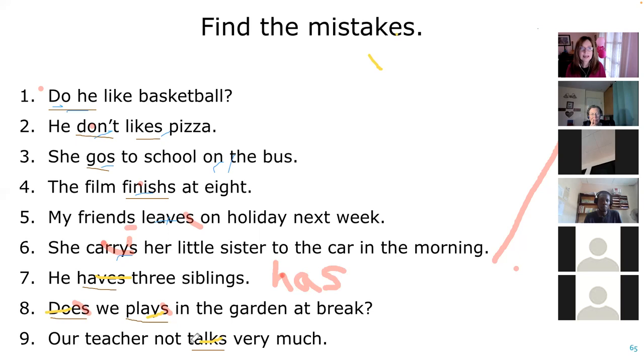Say to them, okay, for number one, you wrote "do he like basketball," but what is the subject in this sentence? They might say, oh, the subject is he. Then they start thinking, because it's he, we have to change it to does, because it's third person singular.